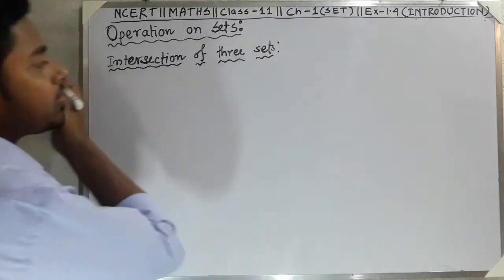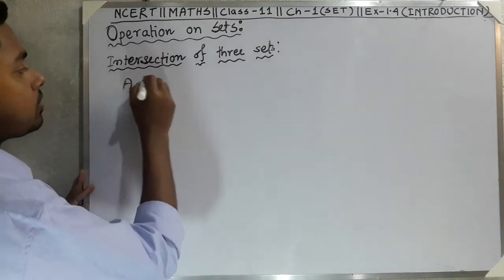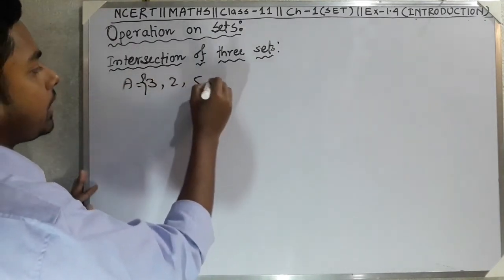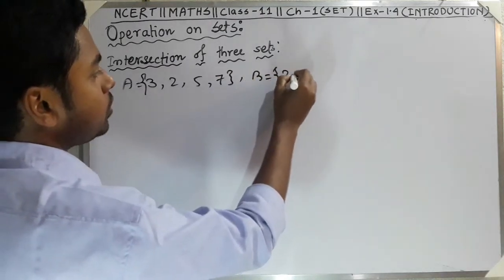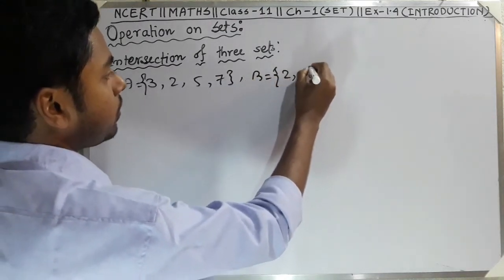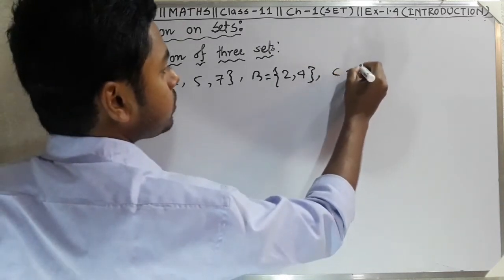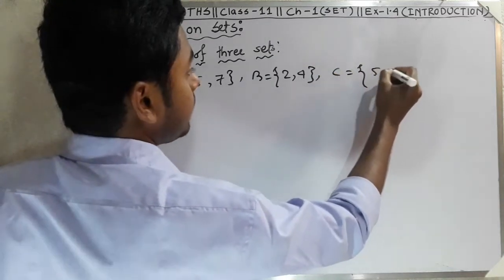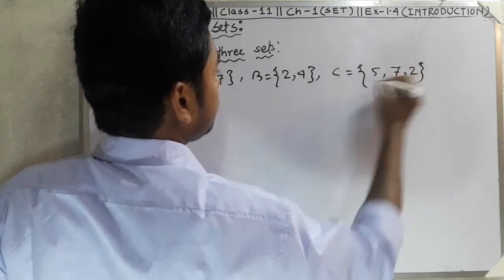Suppose A is equals to 3, 2, 5, 7, B is equals to 2, 4, and C is equals to 5, 7, 2.